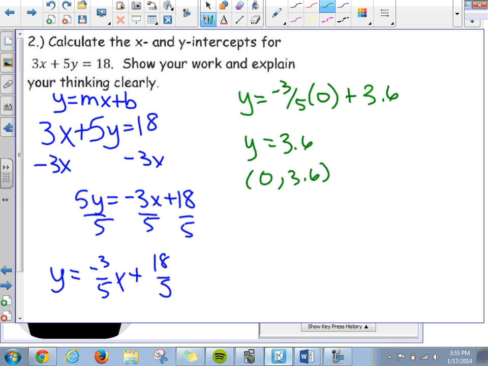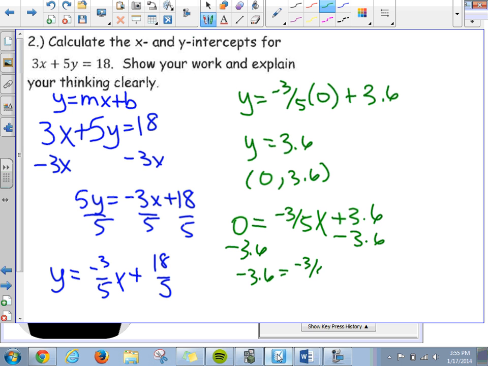Another excellent way we can find our x-intercept, we know that's when y is equal to 0. So we'll set that same equation equal to 0, where we're trying to solve for x. And when we subtract 3.6 from both sides, negative 3.6 is equal to negative 3/5 x.